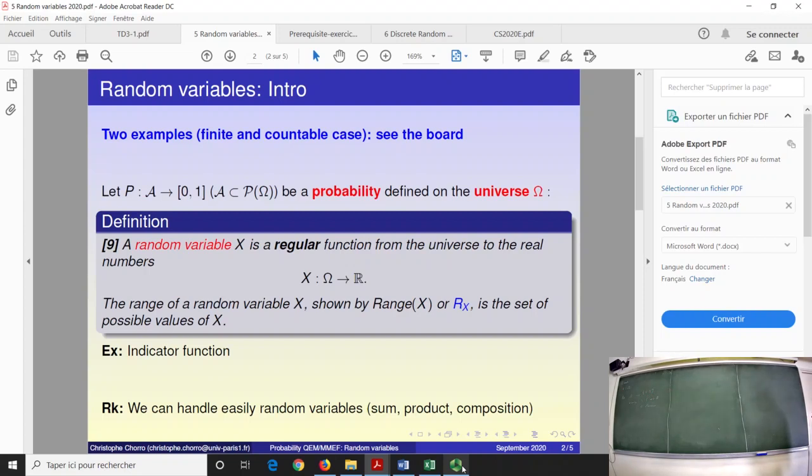Do you remember this? We have seen this in the first session. We have done an exercise on how to handle this indicator function. And from my very large definition here, I have a random variable taking values in a set with 2 elements, 0 or 1. Very basic example of a random variable taking only 2 values.